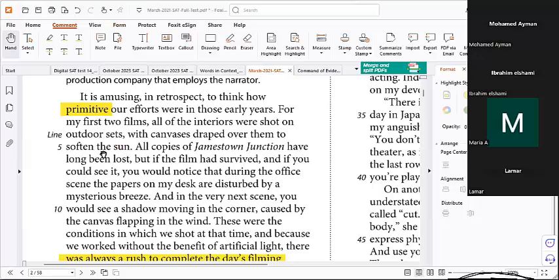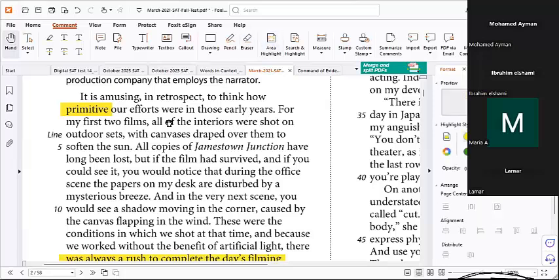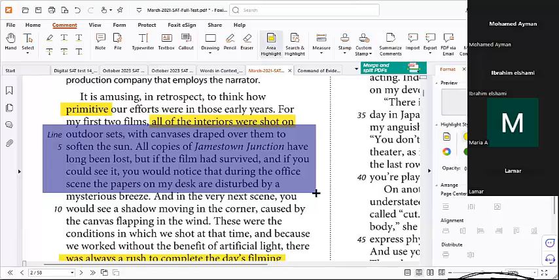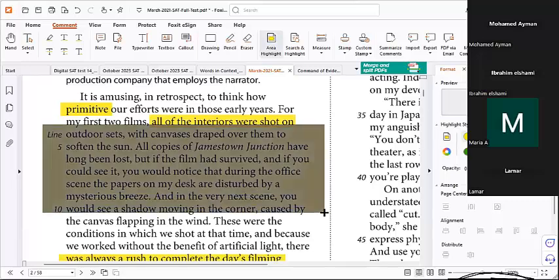You can go back a little bit, one sentence, starting from "all of the interiors were shot." Go on. All of the interiors were shot on outdoor sets with a canvas draped over them to soften the sun.